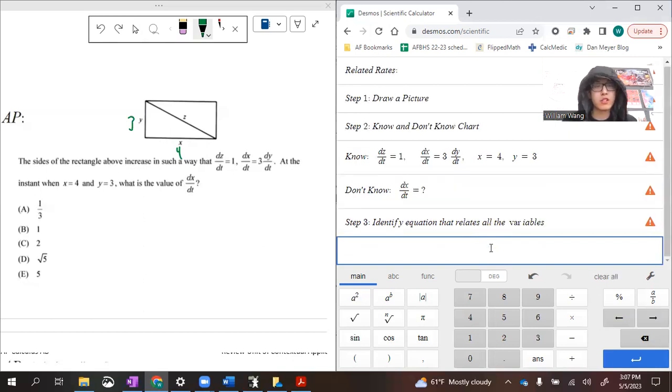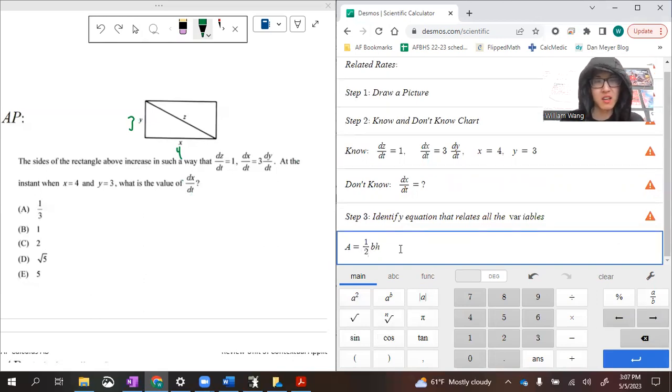So what equation do we think we're going to deal with here? Well, we have a clear triangle, y, x, and z. What equation will we deal with in terms of a triangle? There's only two types of equations. Maybe it's the area equation, area equals 1/2 base height. But they don't really ask about any area of a triangle here. In fact, they say the sides of a rectangle, x, y. But luckily, they gave us this picture.